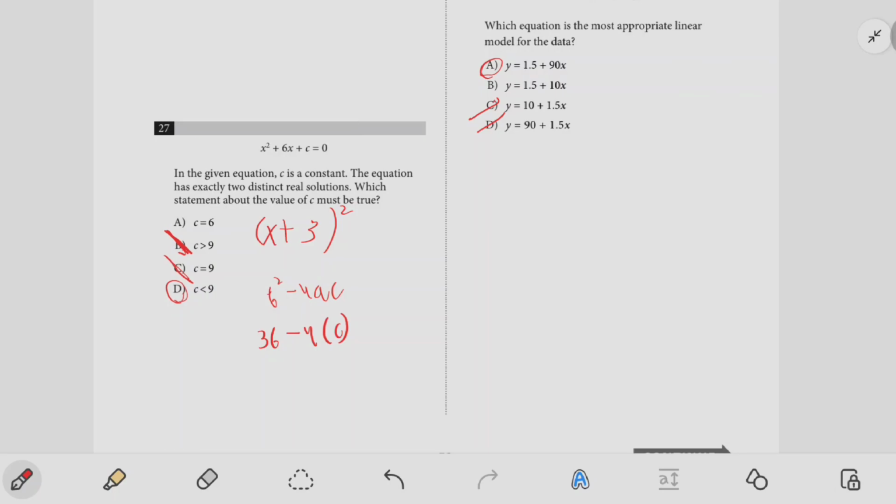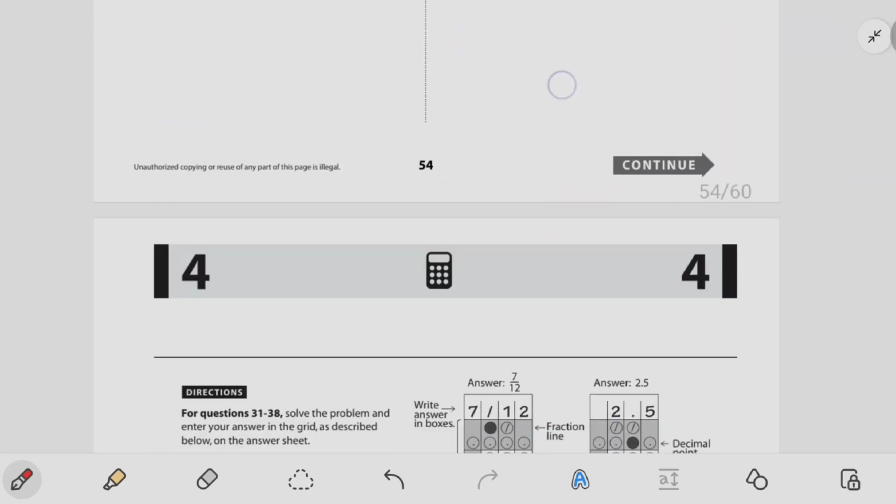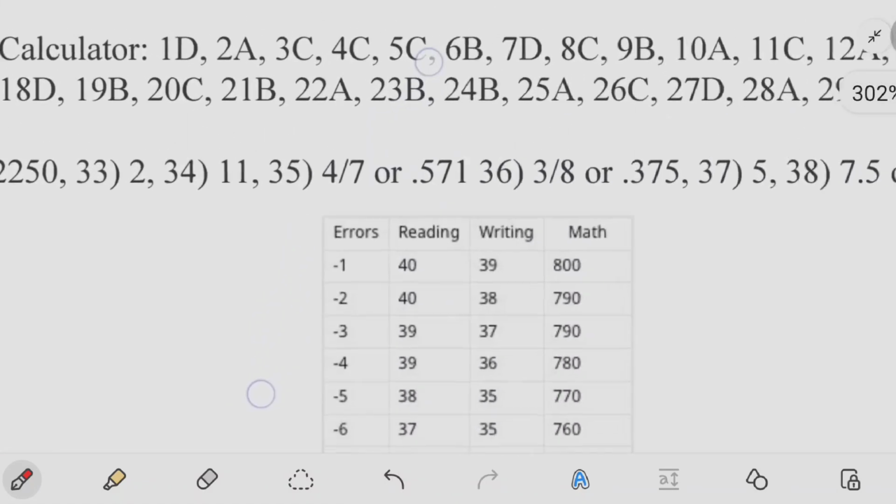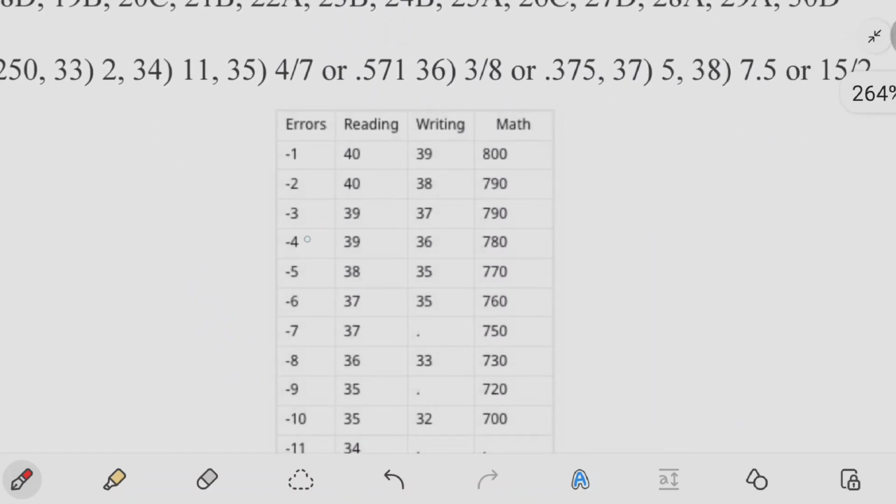It's not bad. Hey, we'll take it. It's not an 800.